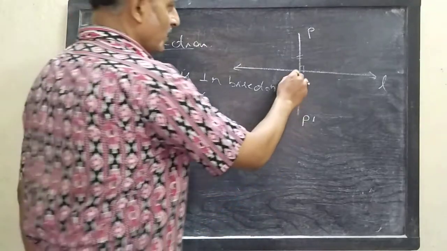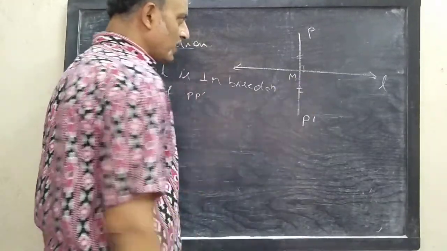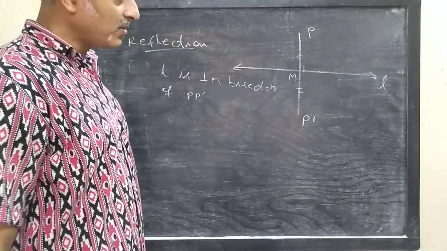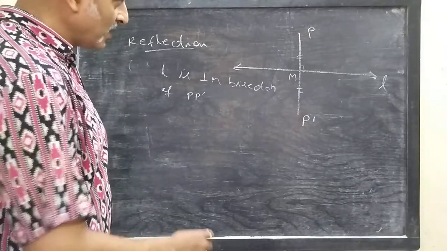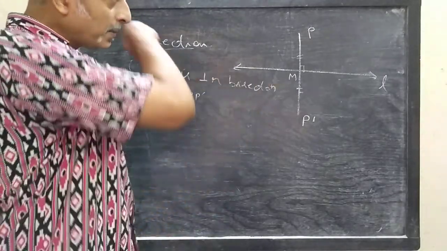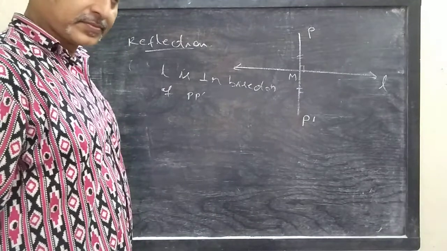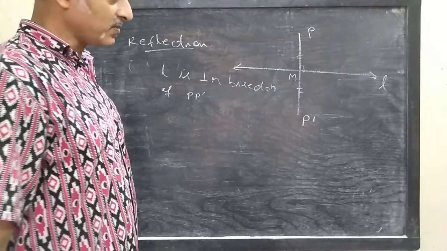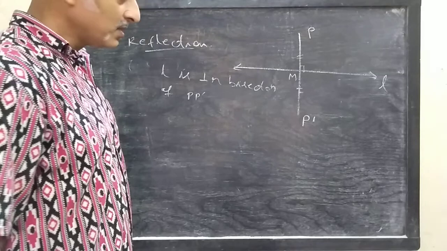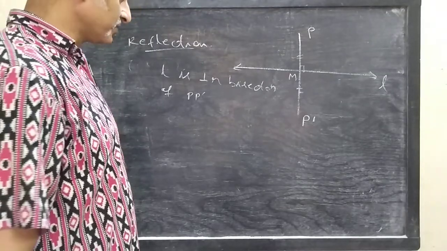That is, if we consider this point as M, then we must have PM equals P dash M, and L should be perpendicular to PP dash. These two conditions must be satisfied for reflection of a point in a straight line.